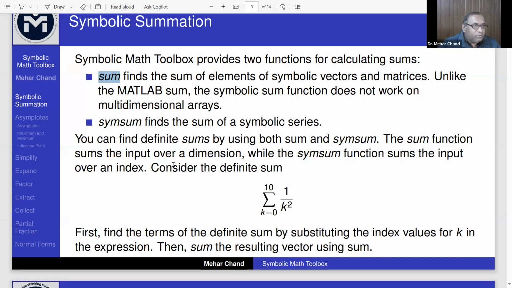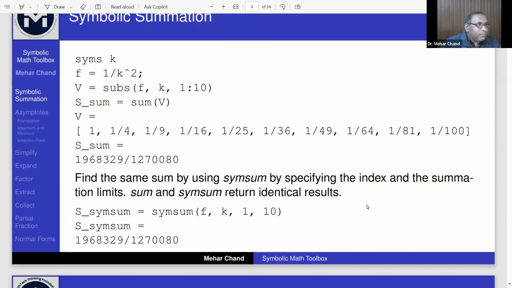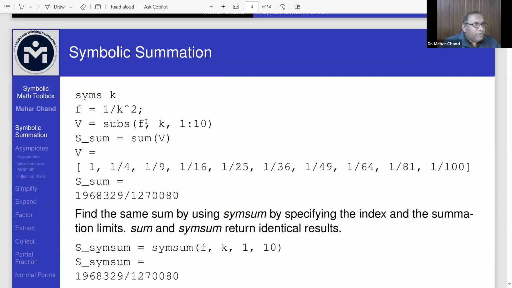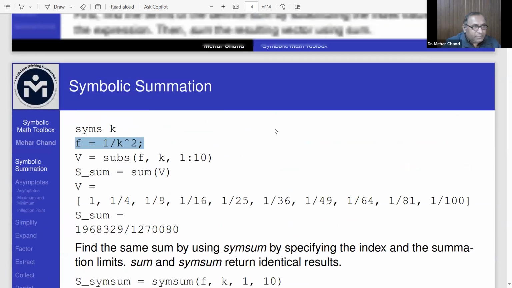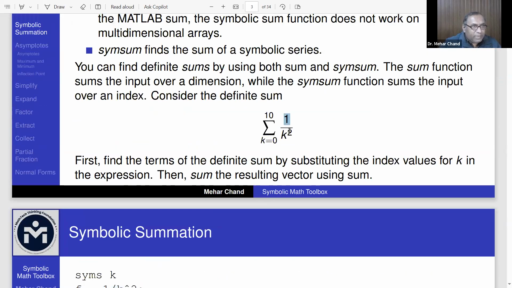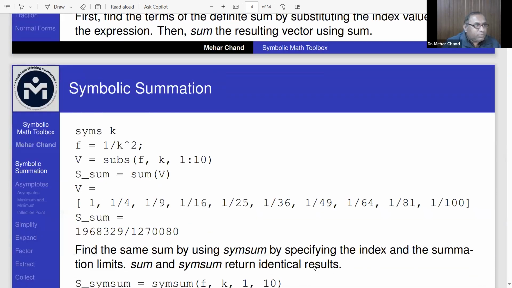There is a different use of these two functions, and see the difference at this place. First we create f equal to 1 upon k square. This is the function 1 upon k square in the summation, where k is a symbolic variable. Then there is a subs function. The subs function is to substitute the value.